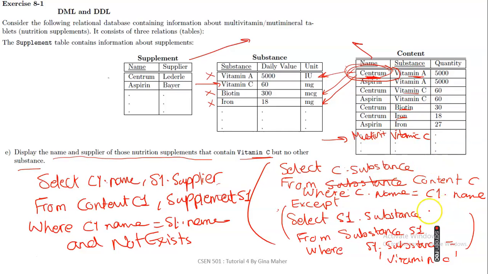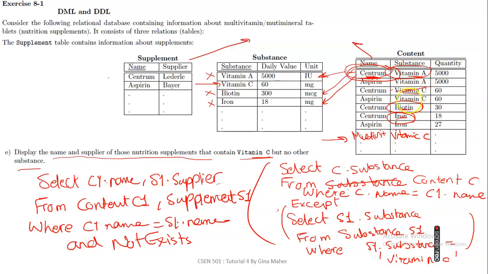So this one will get us the substance of Centrum minus vitamin C. So this one will get us the substance of Centrum except vitamin C, which will get us vitamin A, biotin, iron. Does this query exist? Yes, actually it exists because it returns data.